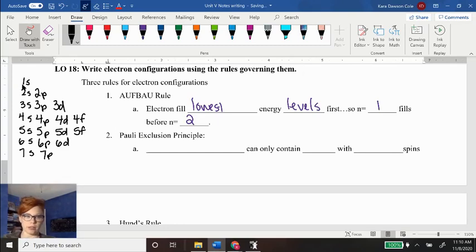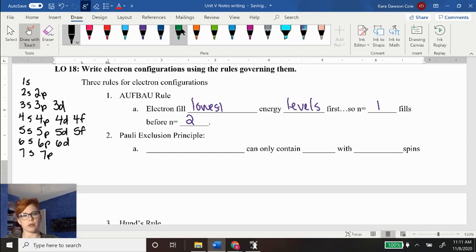So again, I've layered 1s, 2s all the way to 7s, and then I've layered 2p all the way to 7p. And then I went from 3d to 6d because it drops off. There's no 7th d. There's no 7th orbital for d. And then I have 4f and 5f.